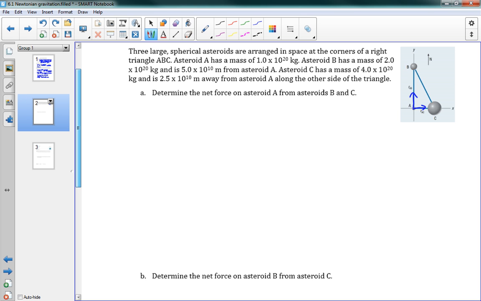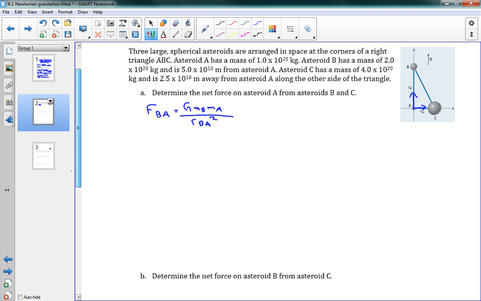Alright, to do this, we can find Fg is equal to, well, I'm going to talk specifically about the force of B on A. That's equal to G mb ma over rba squared.